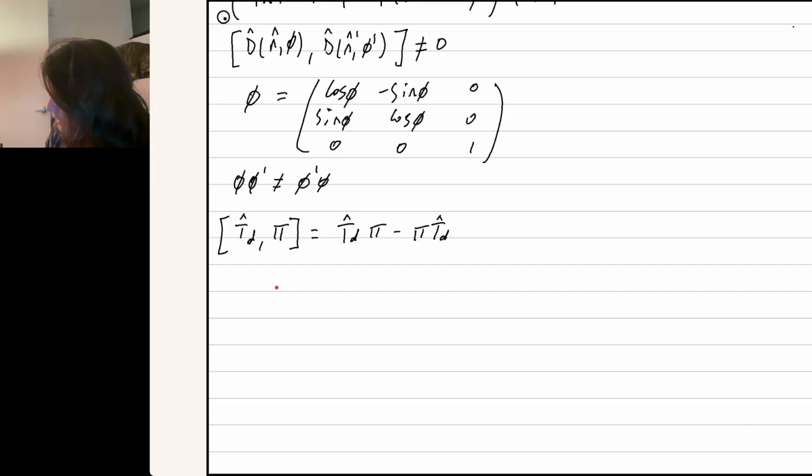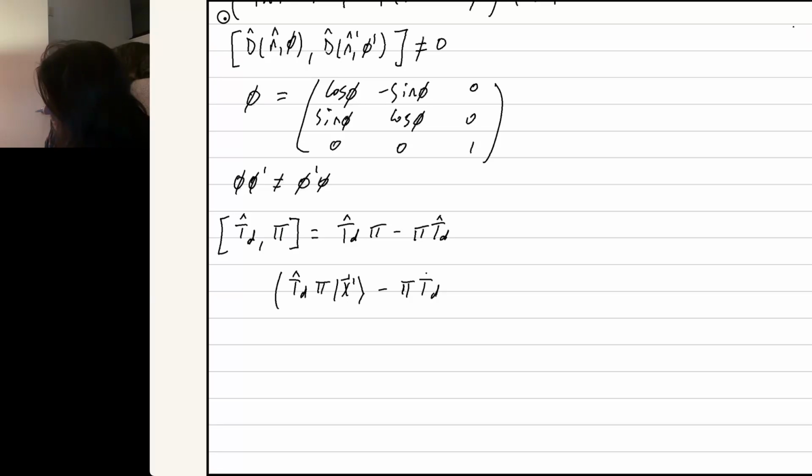We can multiply it by a complete set of states. I'm going to go ahead and move the ket inside. So I'll have pi TD ket x prime minus pi TD ket x prime, bra x prime.